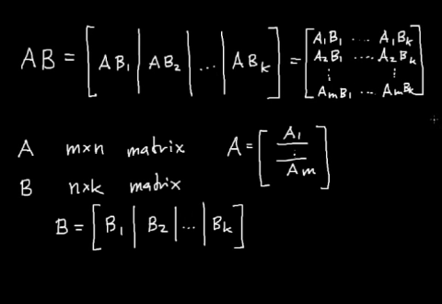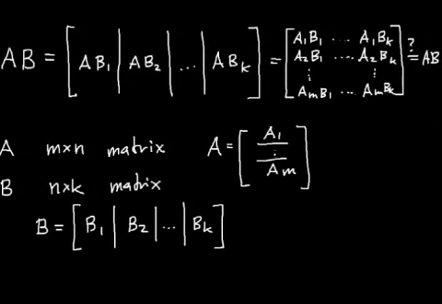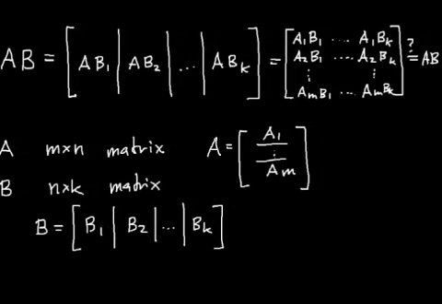Really? Is it really so that A times B is going to be equal to this thing? Well, why are we surprised about that? In fact, we know this already.